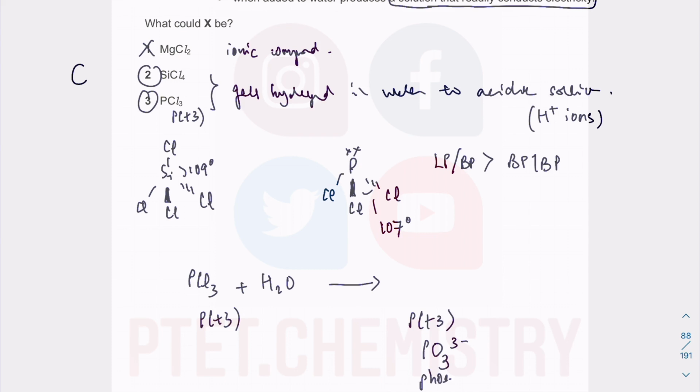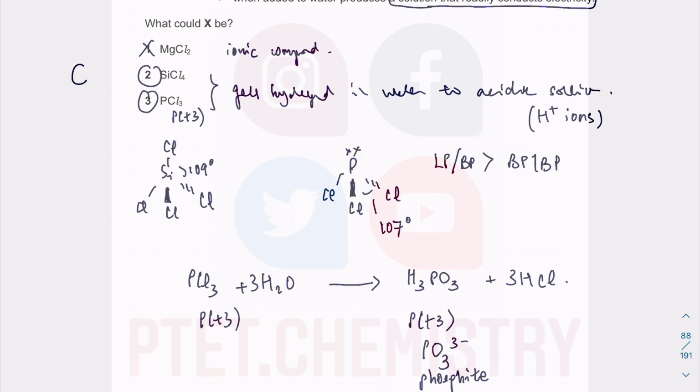This is called phosphite and not PO4 3-. So your acid is H3PO3 plus HCl, which I can now balance. There's 3 water, so there's 6 hydrogen, 3 there and 3 there, 3 chlorine, 1 phosphorus and 3 oxygen.